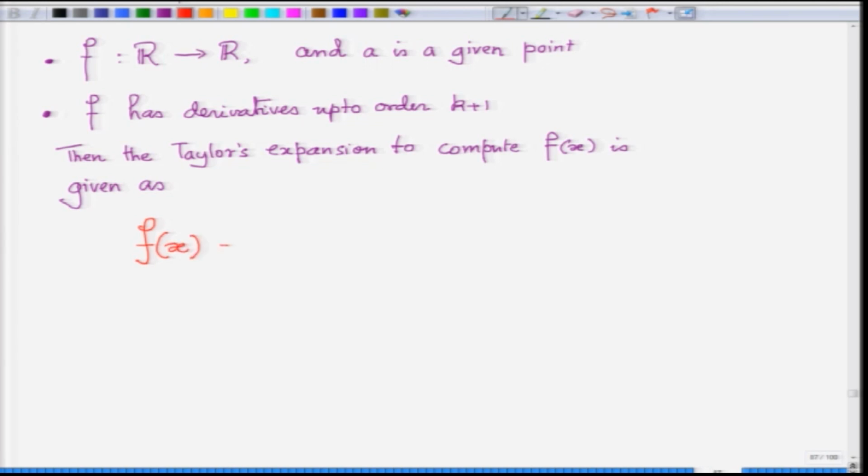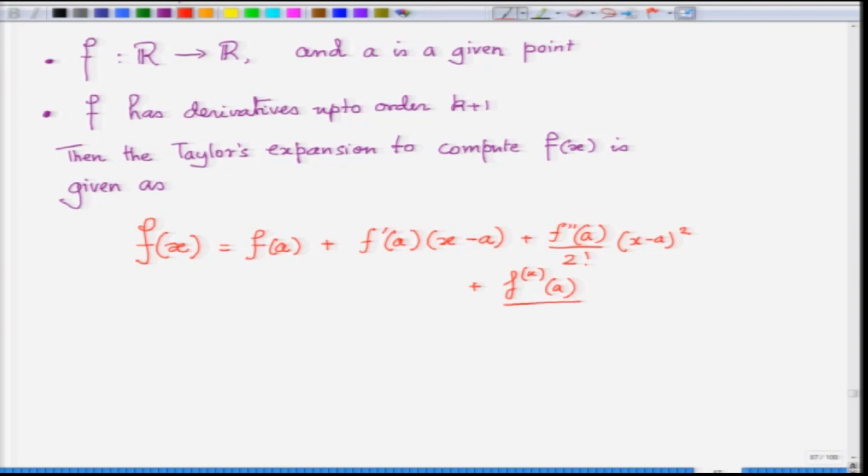So, A is known to me, it is f of A plus f dash of A into x minus A plus f double dash of A by factorial 2 into x minus A whole square, plus the kth derivative of A divided by factorial k into x minus A to the power k, plus the error term. The error term always includes the error term.